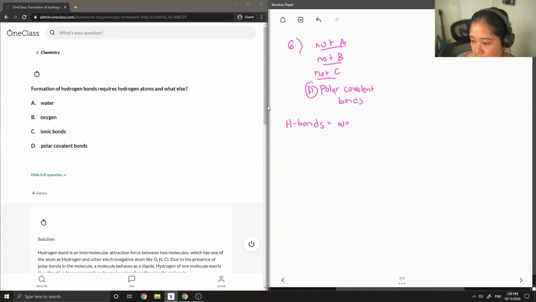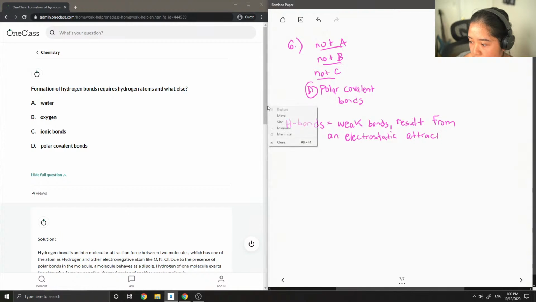So hydrogen bonds are weak bonds, and they result from an electrostatic attraction between a proton, which is also just H+, and an electronegative atom.